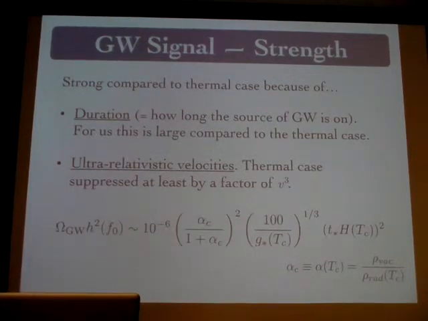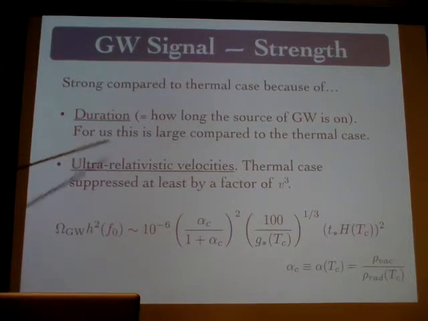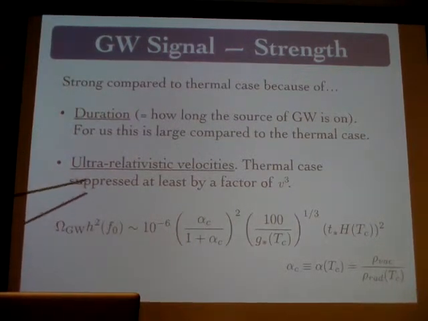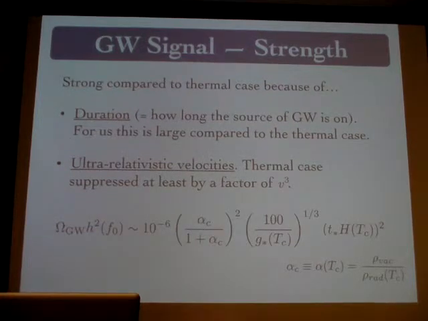Then the other important thing about the signal is, of course, its strength. So as I said before, this is going to be strong compared with what you would find in a usual thermal transition because it lasts for longer, so the source of gravitational waves is on for a longer time, and also because the bubbles quickly reach these ultra-relativistic velocities.